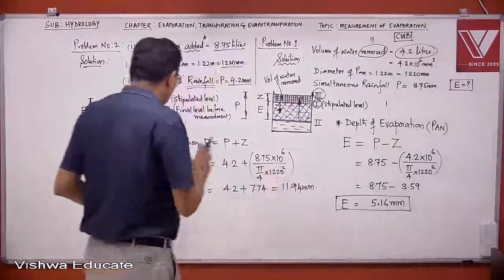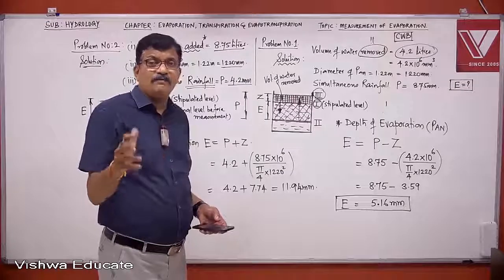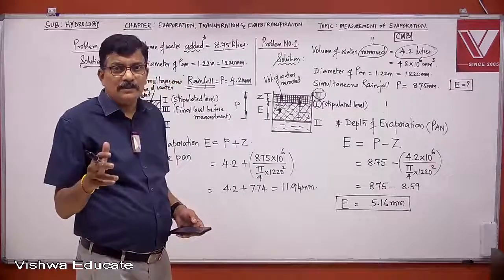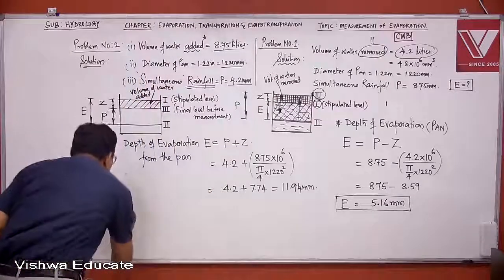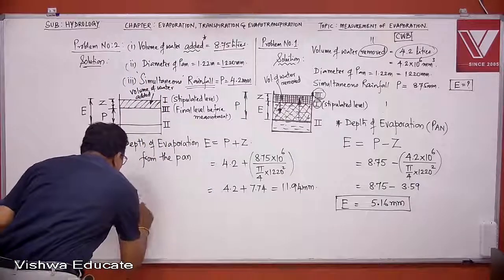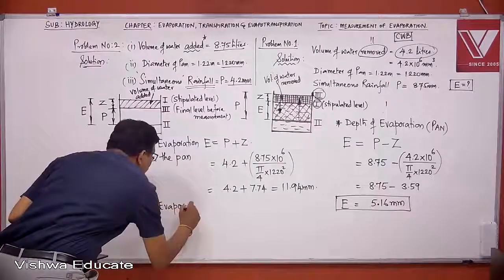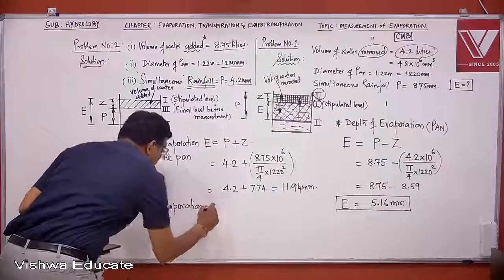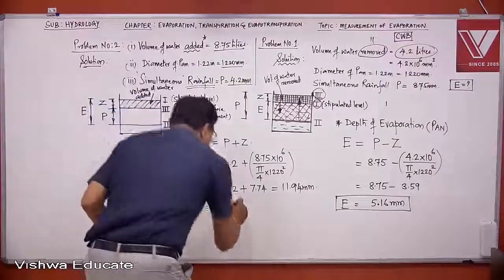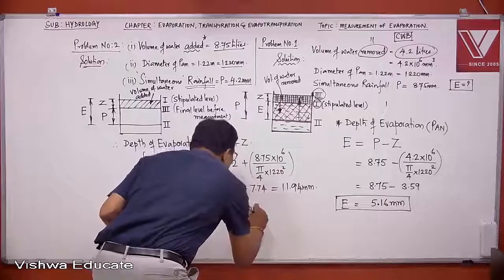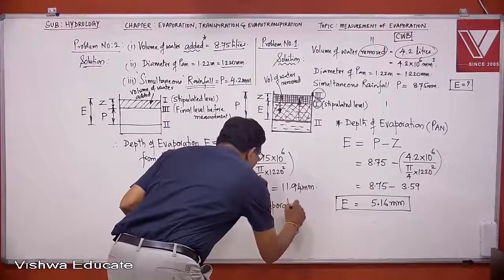This is the pan evaporation, and we know that pan evaporation is always more than the actual evaporation. So actual evaporation in this case is equal to Cp, that is the pan coefficient, times pan evaporation.